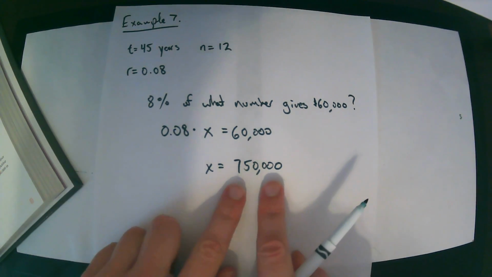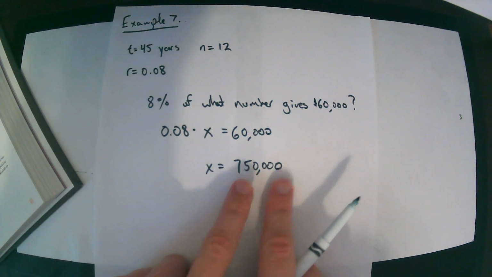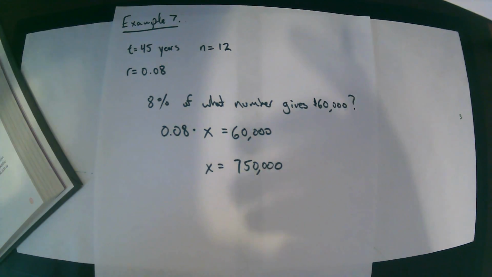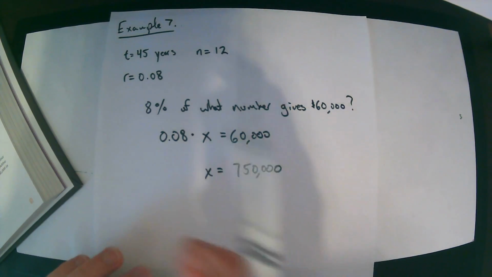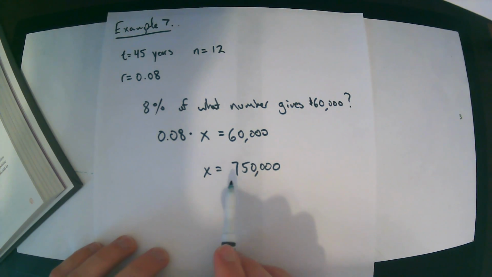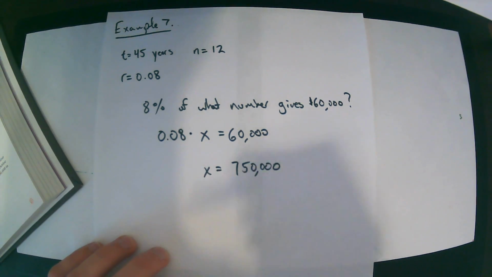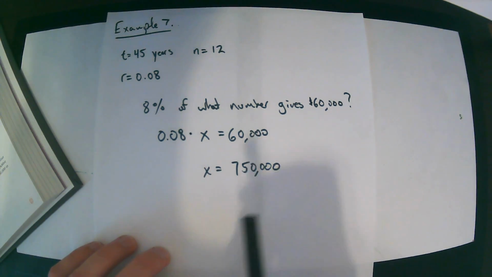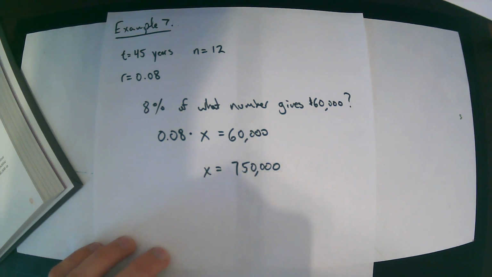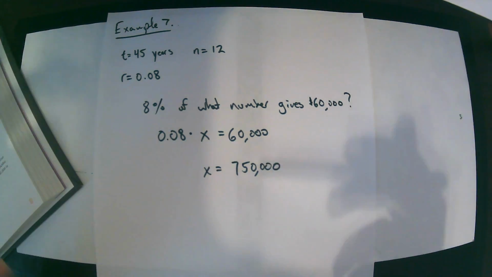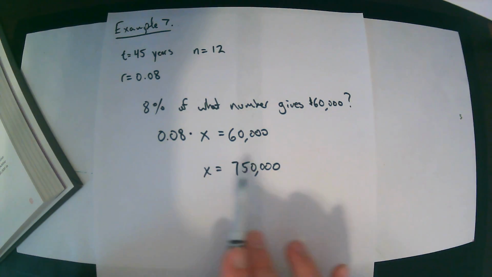This is the amount that needs to be in our account as a lump sum when we are 67, after 45 years. If we're anything below this, then we won't be earning $60,000 per year in interest. Anything at or above this will be earning $60,000 in interest per year. And every year after that, it would be more interest, right? It'd be more than 60,000. But this is the bare minimum.